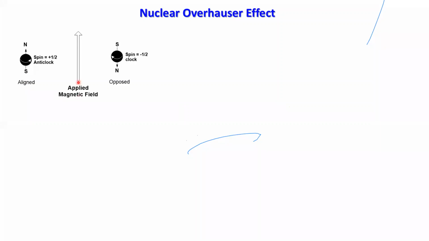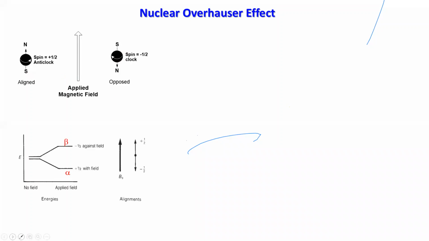So you are applying the field in this direction. The nuclei with plus half spin will have the magnetic moment in the same direction as the applied field, and the minus half will have the opposite direction, that we have earlier discussed. And what will happen if you have the same directional magnetic moment? That means it will be more stabilized, so plus half will have lower energy than minus half, and that we also understood previously.